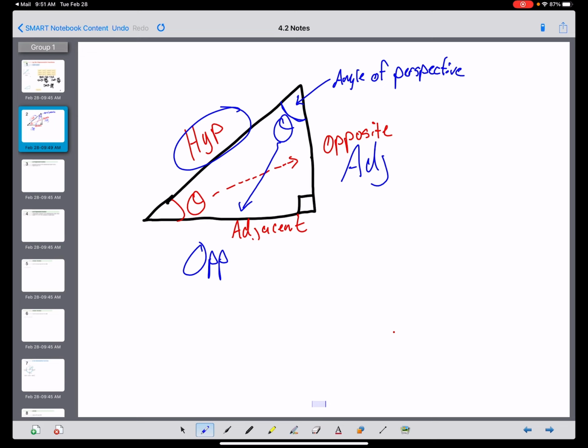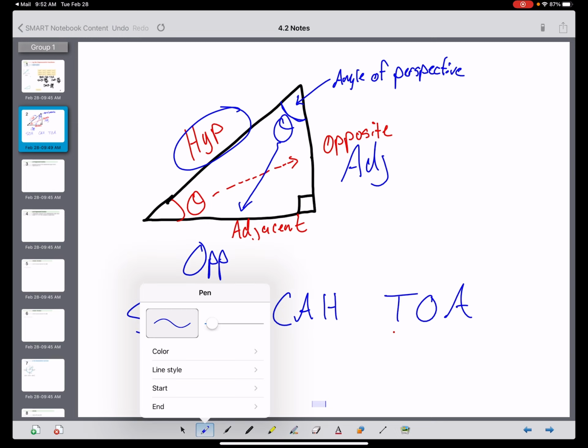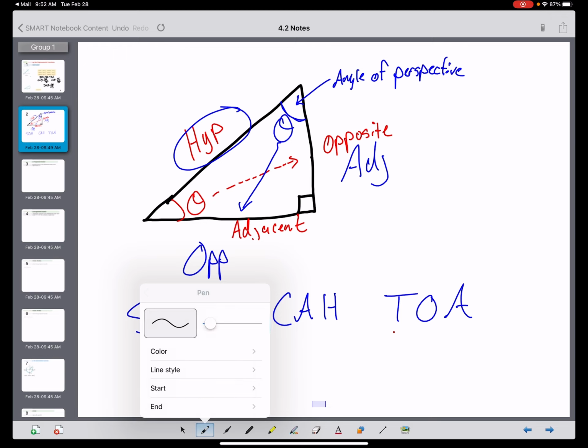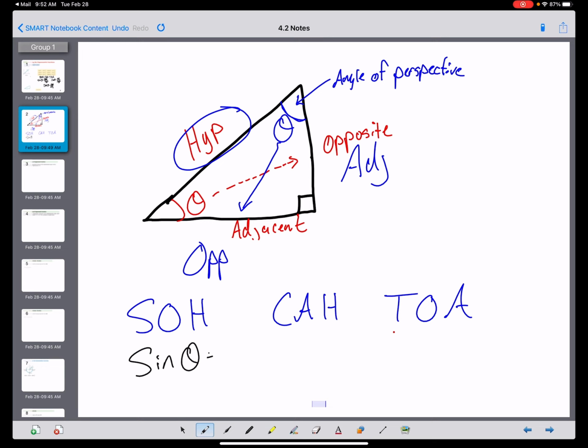All right, so SOHCAHTOA, right? Some old hippie caught another hippie tripping on acid. That's my favorite saying, it sticks with me. So in general, sine of some angle of perspective is equal to the opposite side over the hypotenuse.